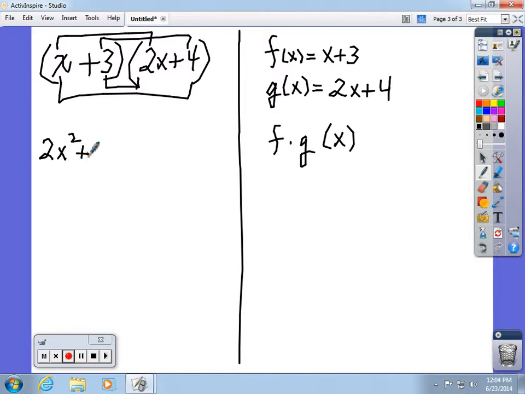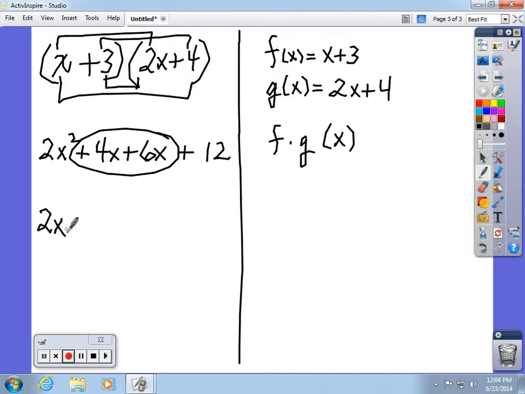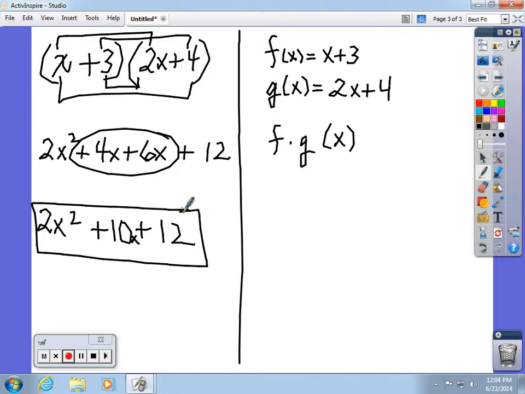Plus 4x plus 6x plus 12. And outside and the inside combined, 2x squared plus 10x plus 12. And that's going to be the same thing here. 2x squared plus 10x plus 12.